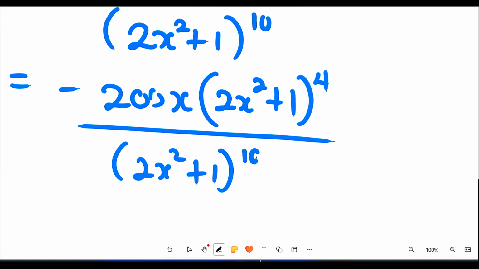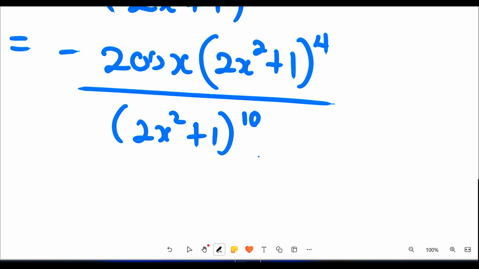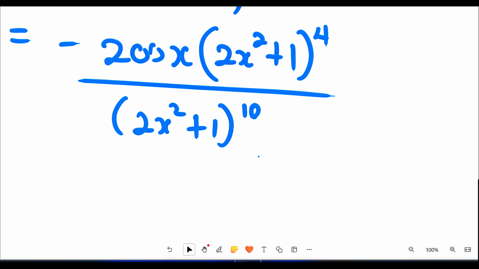All right. Now you can see that when you take 2x, one of the factors of the numerator, when you take (2x squared plus 1) having a power of 4, you will see that the denominator also has 2x squared plus 1 as a denominator. But the only difference is that they don't have the same power, but the bases are the same. So we can apply one of the laws of indices.